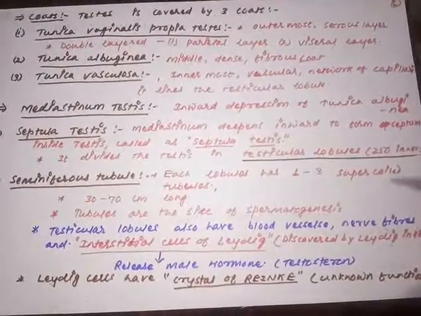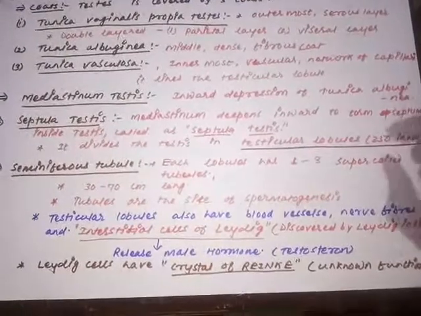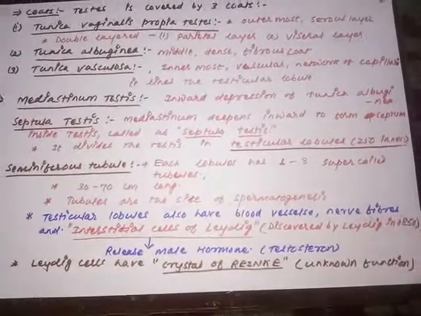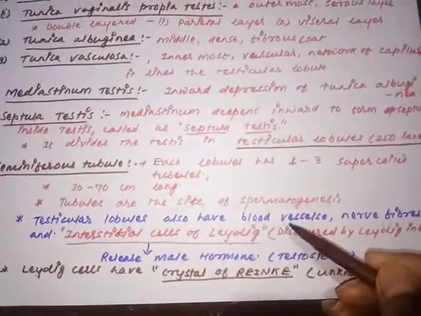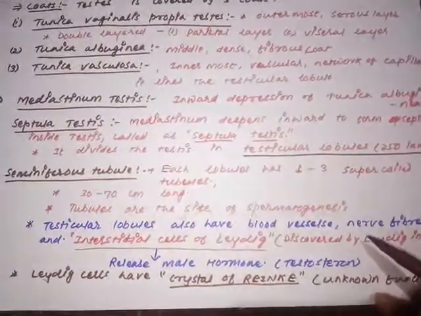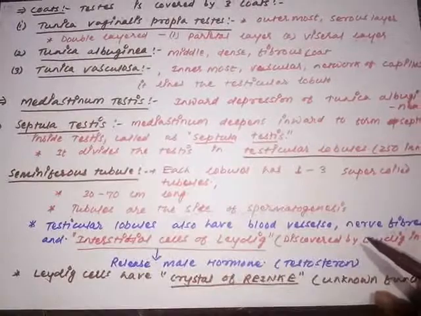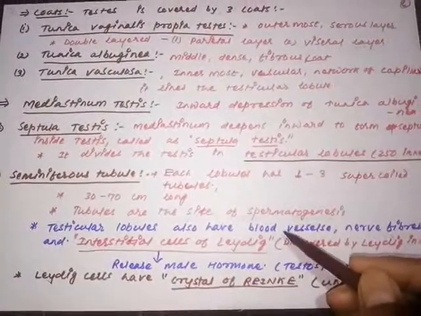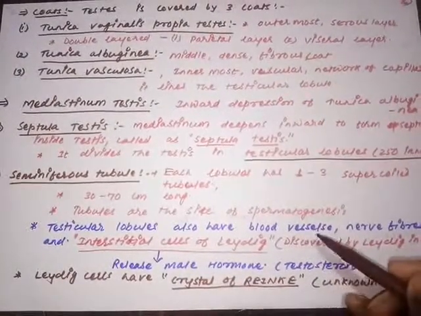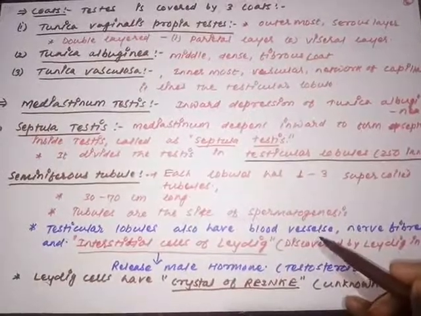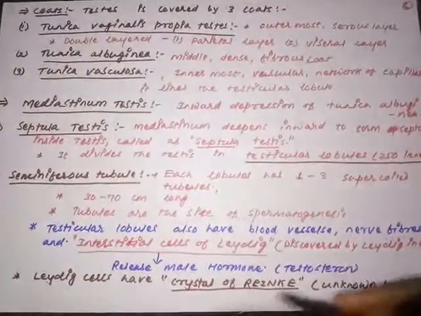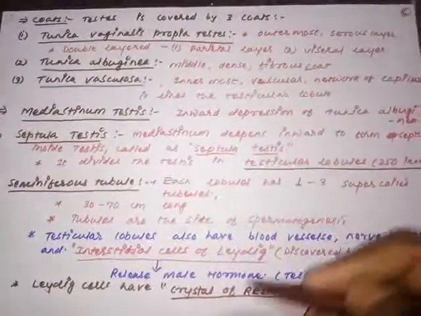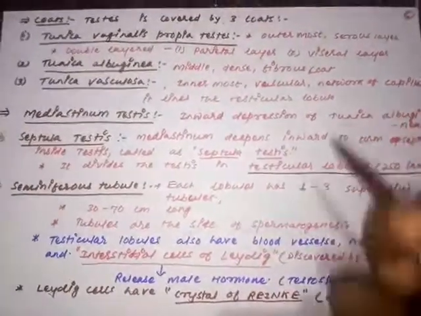Now the dense network of these seminiferous tubules is supplied with blood vessels, because they are vascular. They also have nerve fibers, sensory in nature. So the testicular lobules are vascular and are supplied with blood vessels and nerve fibers, and some more specialized cells are present in between the forest of these tubules.